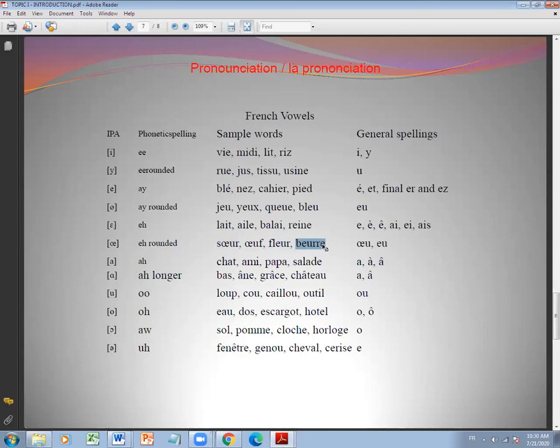Bur. Bur should be butter, if I'm not wrong. Yeah. It should be butter. Because fromage is cheese. Cheese, we say fromage. Oh, fromage.